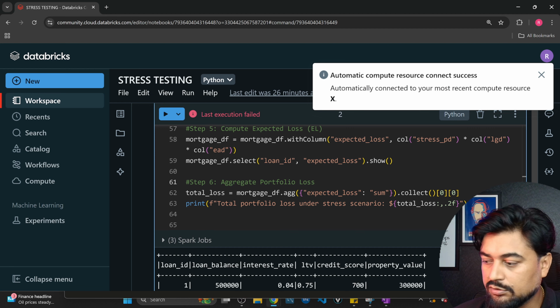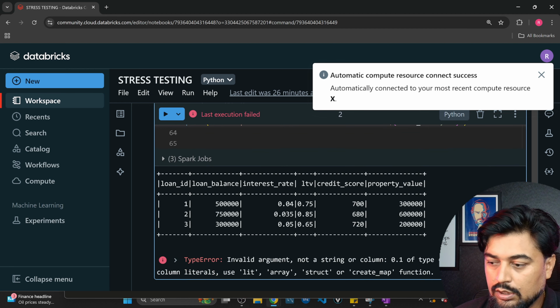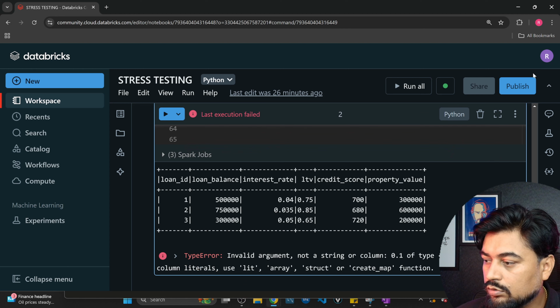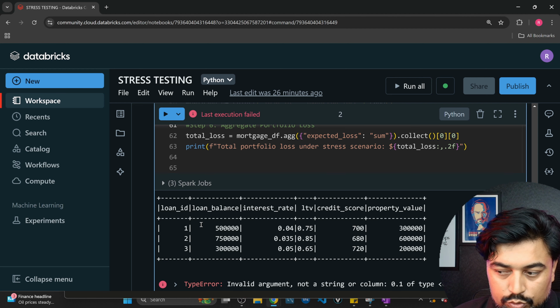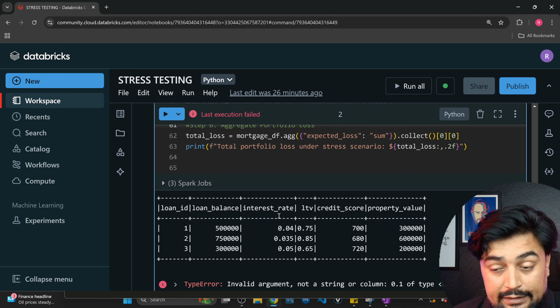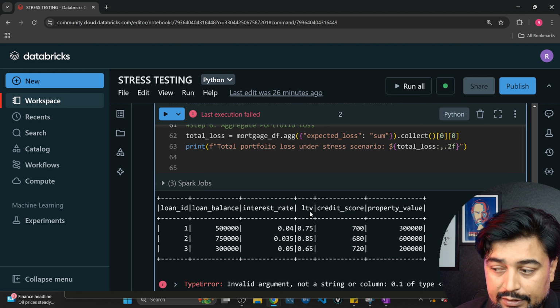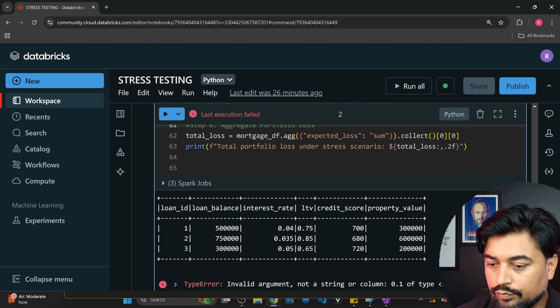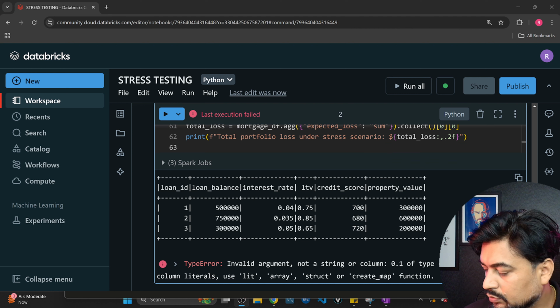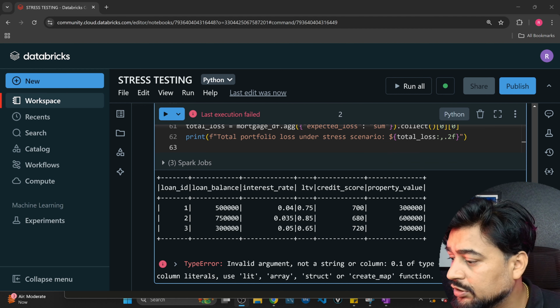Let's run this. It's already ran very fast. Now if you see this, the loan ID 123, loan value, interest rate, then you have LTV, then you have credit score, then you have the property value. Okay, now this code is also having some issue. I just noticed it, guys.